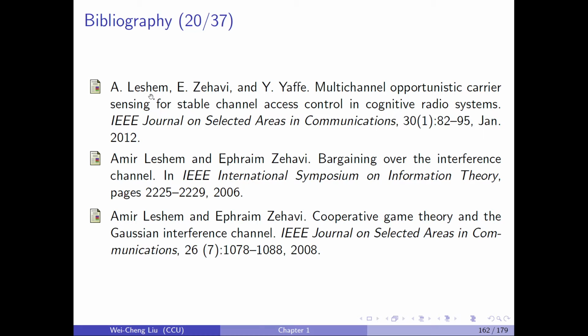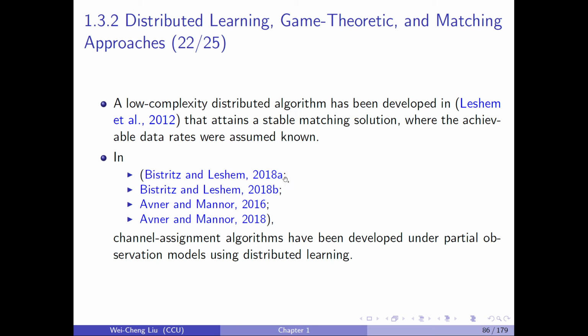The title of their paper is Multi-Channel Opportunistic Carrier Sensing for Stable Channel Access Control in Cognitive Radio Systems, IEEE Journal on Selected Areas in Communications in 2012, that attains a stable matching solution where the achievable data rates were assumed known.